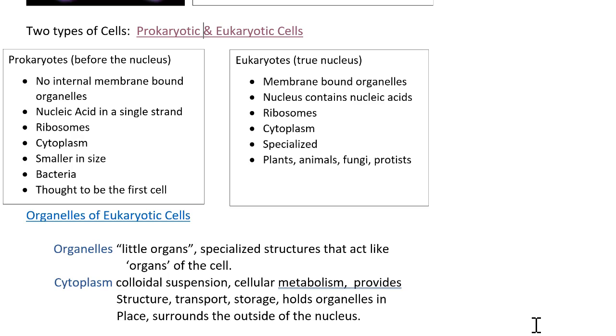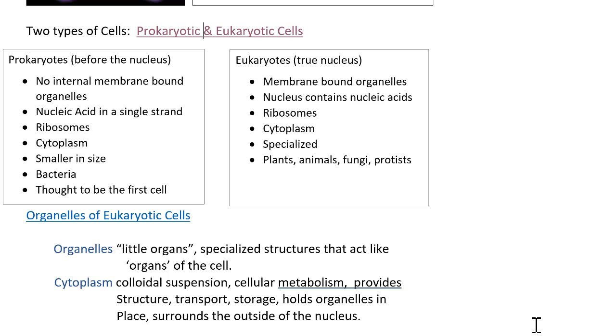Prokaryotic cells are typically bacteria, and prokaryotic cells are thought to be the first cell in terms of evolution. Eukaryotic cells, on the other hand, are going to have these membrane-bound organelles. And as you see in the definition below, organelles are specialized structures that act like organs of the cells.